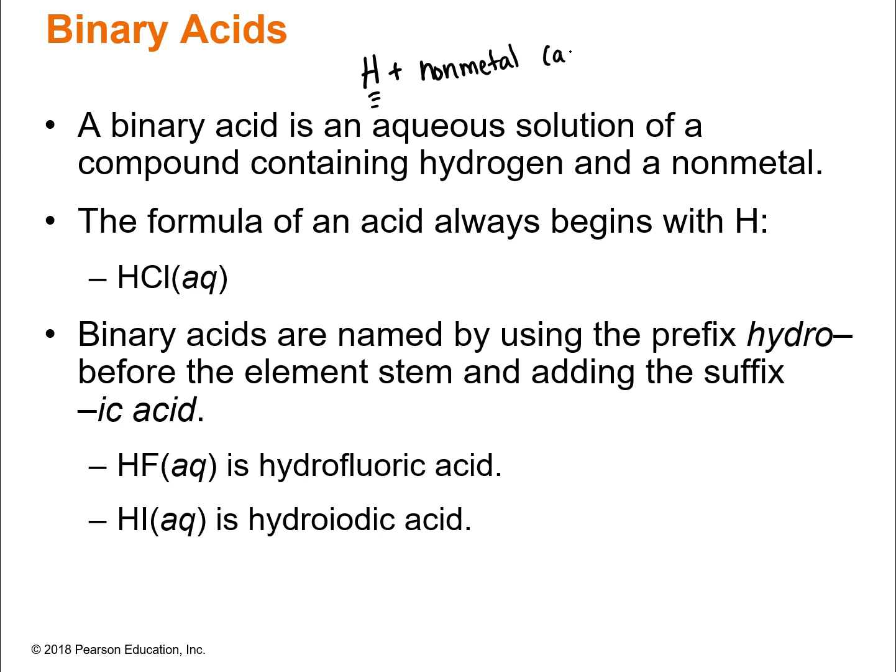You'll also see that AQ in parentheses afterwards. The way that you name these acids is by using the prefix hydro before writing the stem, or that first syllable, of the nonmetal.